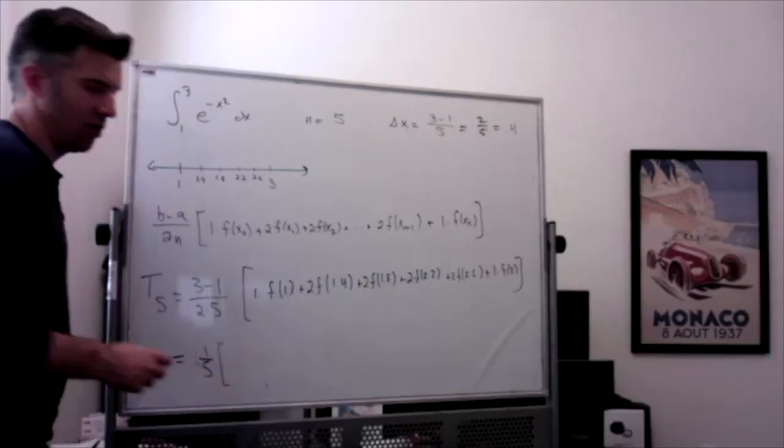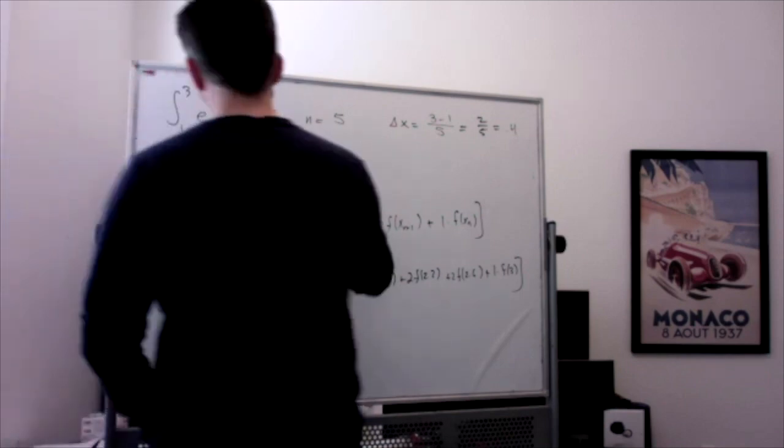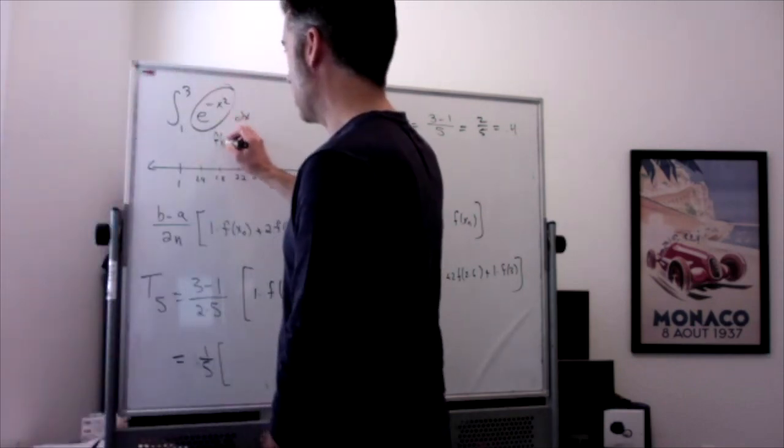If you were actually doing this on the test, you should probably write the function out. My function is e to the negative x squared.